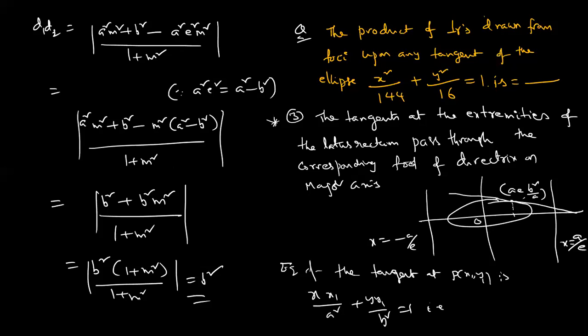So what is the result coming? Earlier we discussed it. What is the answer? x by a plus y by b is equal to 1. Now see the case, whether it's coming or not. Check it.